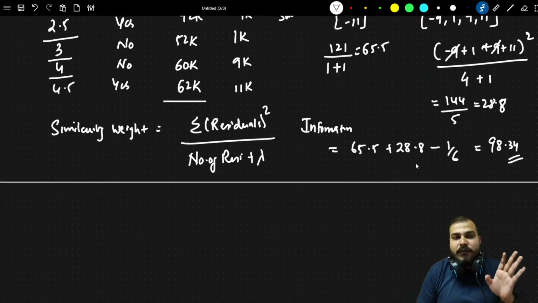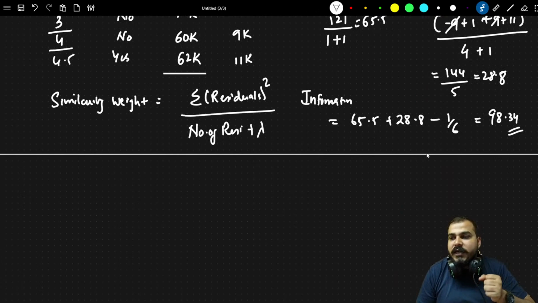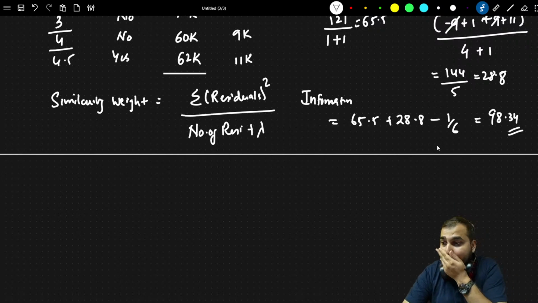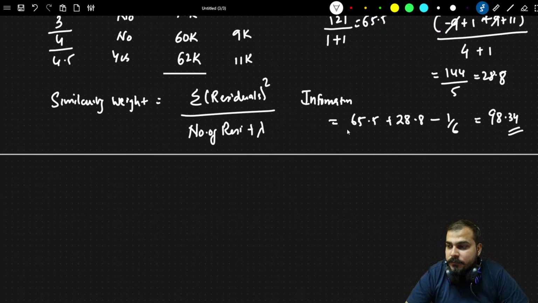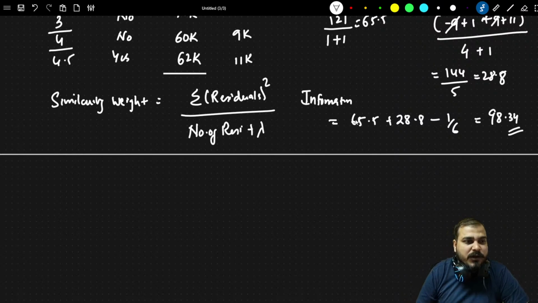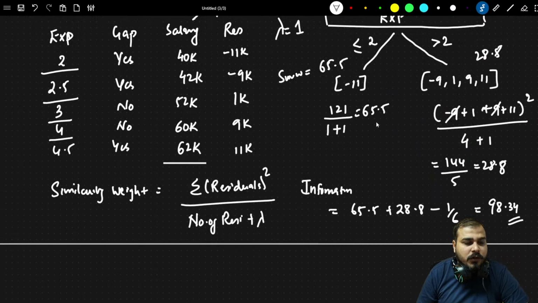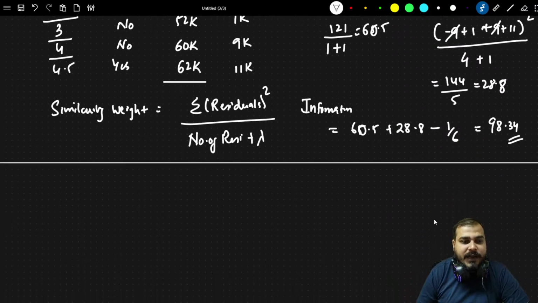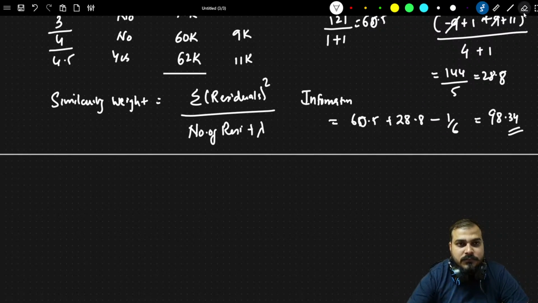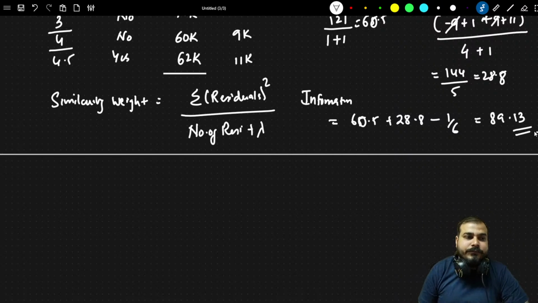So like this, the entire splitting will happen and sequentially the decision tree will be added.